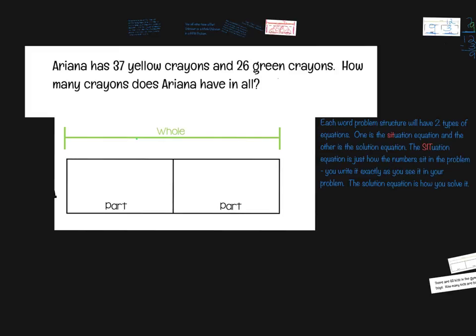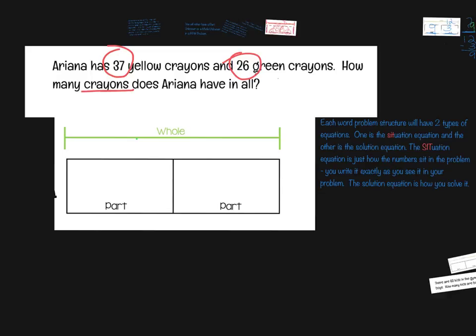The next step in my mind movie is to use my numbers. So let's go through the problem and let's figure out exactly how I'm going to use my numbers. So let's go straight to our problem and let's see. Ariana has 37 yellow crayons and 26 green crayons. How many crayons does Ariana have in all?